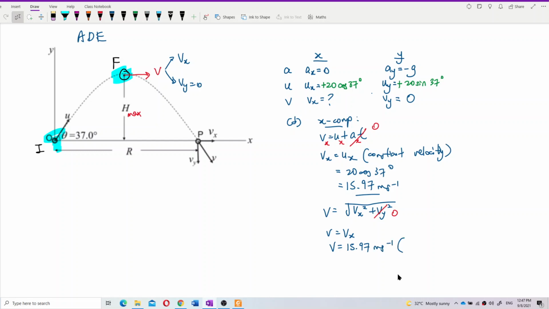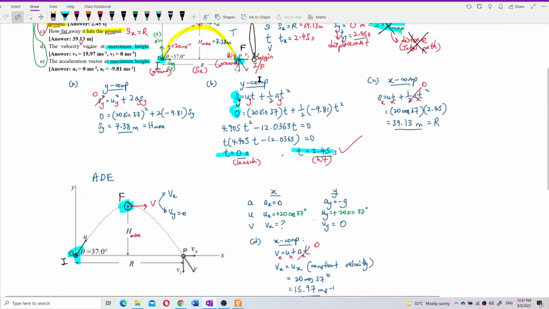And then you can say the direction is to the right, because the velocity has no y component, it only has the x component.